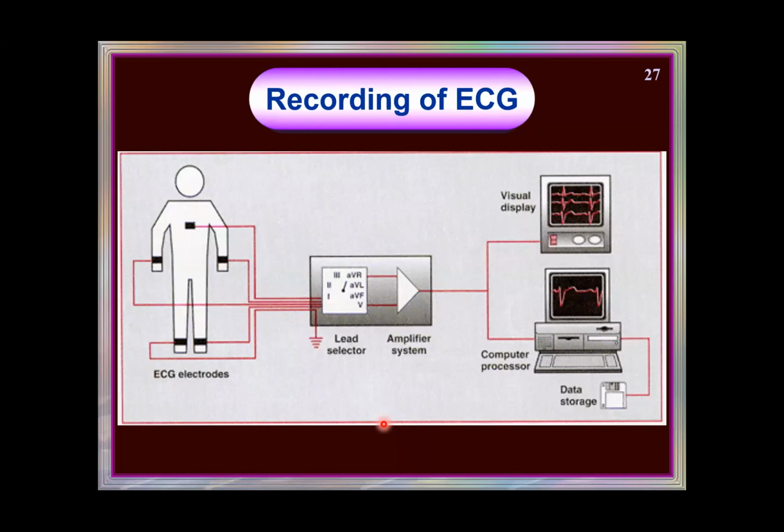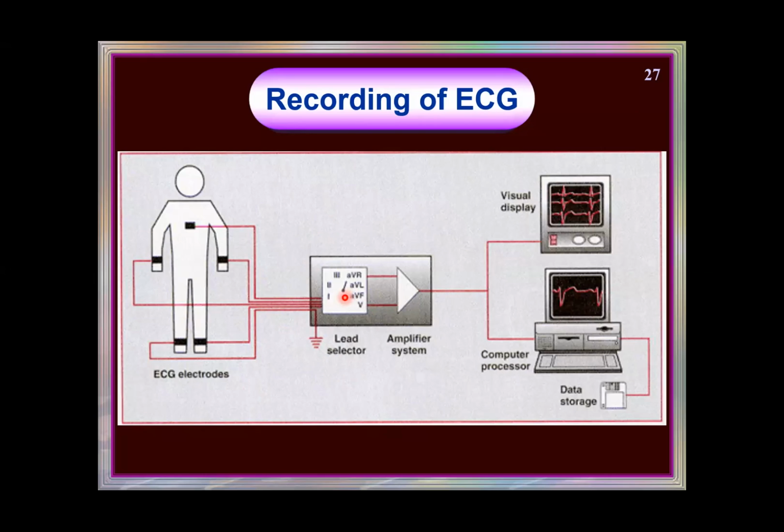Now, how is the ECG recorded? The recording of the ECG is done by a small machine, which is nothing but a voltmeter. The person is connected to the leads, and there is a simple voltmeter which records microvolts. This is of course earthed so that the patient is not getting any electrical disturbance from the surroundings.